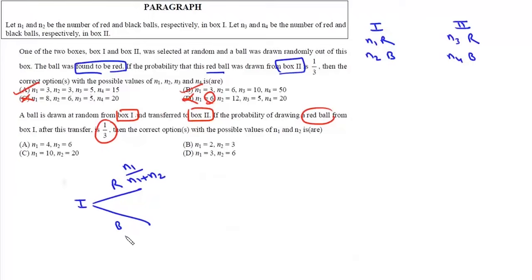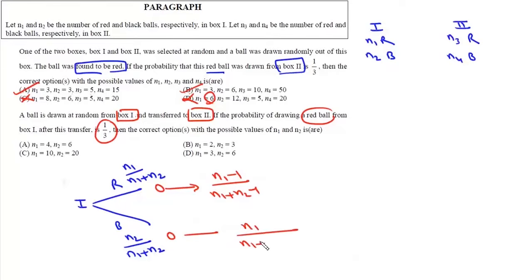It is black with the probability n2 upon n1 plus n2. Now after this transfer, we have drawn a ball from the first box. Now this first box has n1 minus 1 red and n2 black, so the probability of drawing a red ball is (n1 minus 1) upon (n1 plus n2 minus 1), and in the other case it will be n1 upon (n1 plus n2 minus 1).